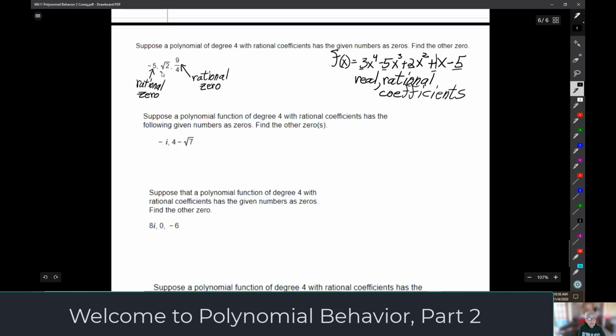This, on the other hand, is not a rational number. It can never be expressed exactly as a fraction. This is called an irrational 0. We've been through this before. Now it matters a lot.